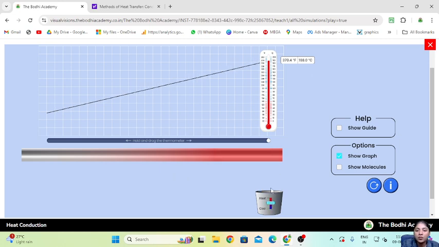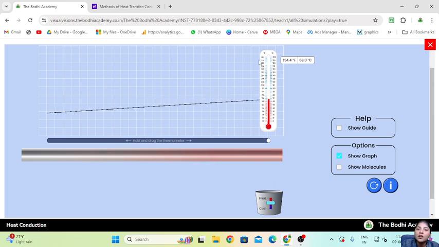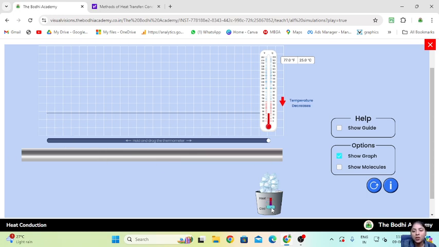Then when I turn off the flame, the temperature will again decrease, and the rod will come down to normal room temperature. Now providing the ice cold, see how the temperature has dropped in this region, and it has reached 0 degrees Celsius.